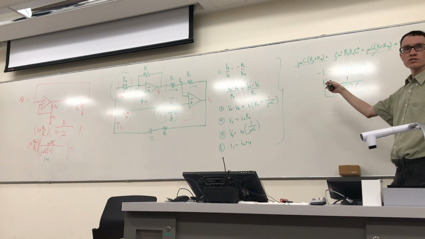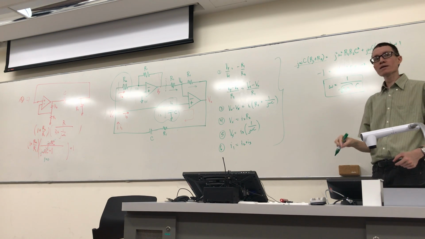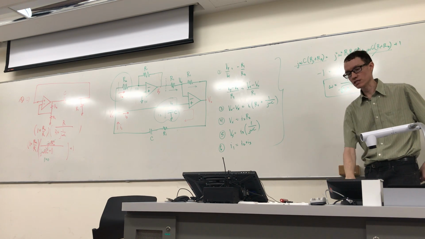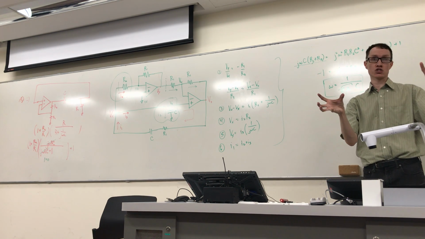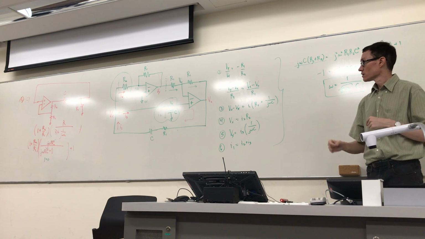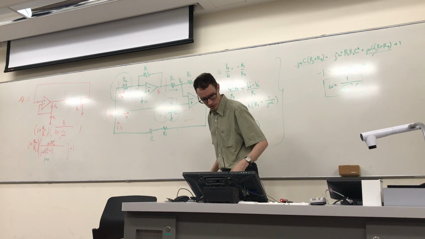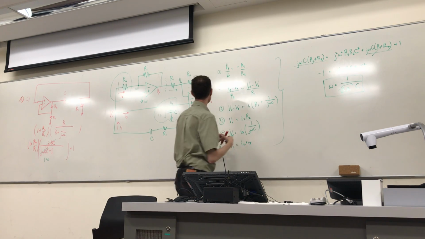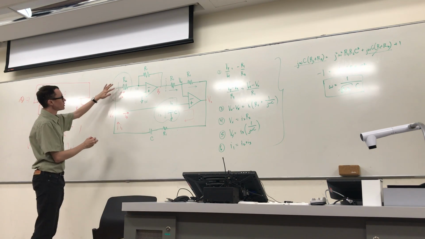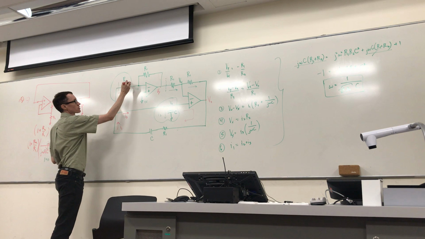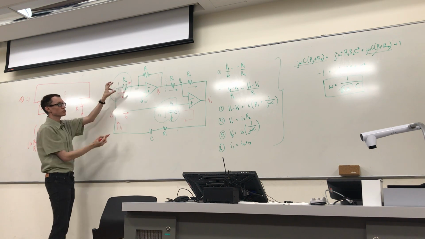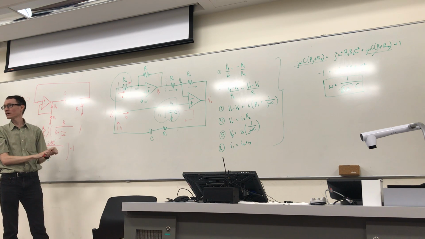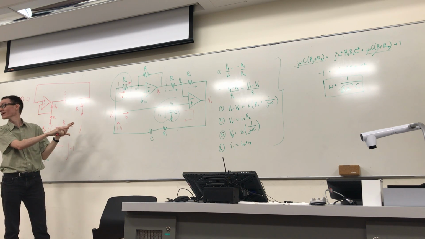And I'll tell you why this is a very special oscillator. With the Wien bridge oscillator, like the one that you build in the lab, to change the frequency, you've got to adjust 2 different resistors, not 1. On the other hand, for this one, you see the equation depends on both resistors, but R2 only shows up once in the circuit. So if you make this one adjustable, you can change the frequency without screwing up the gain. And you don't have to adjust 2 resistors, just 1.